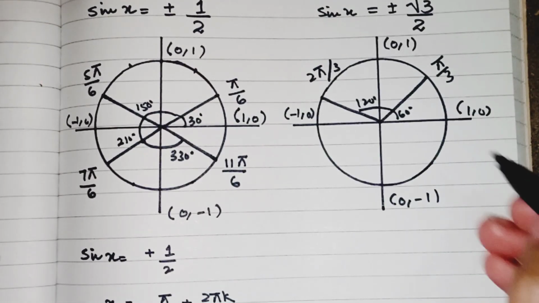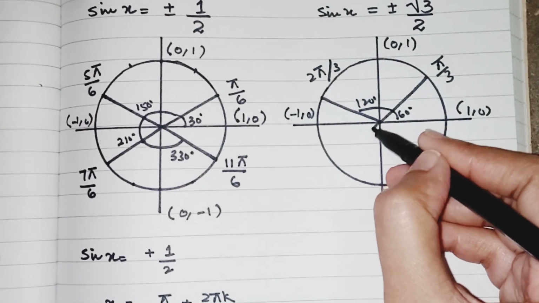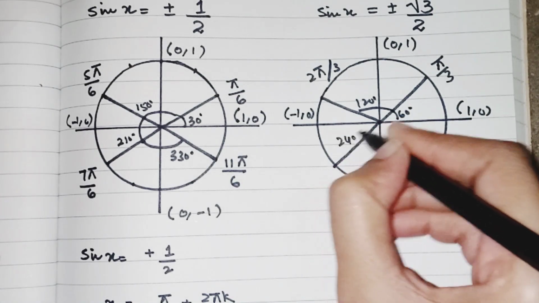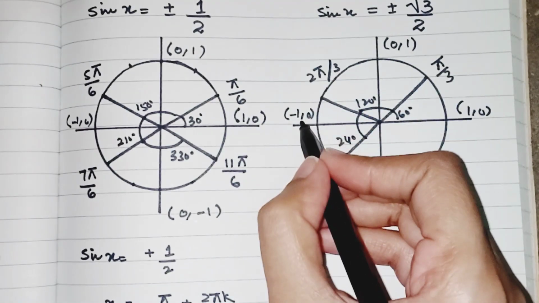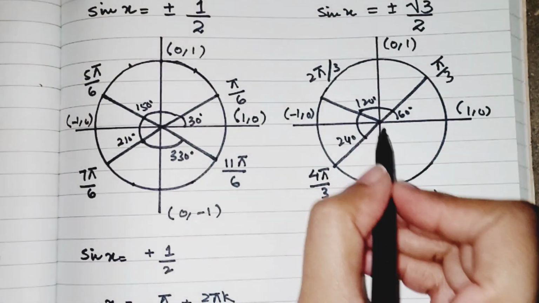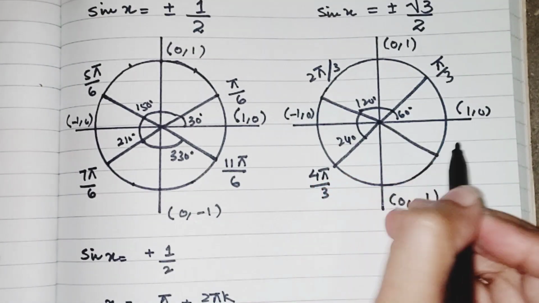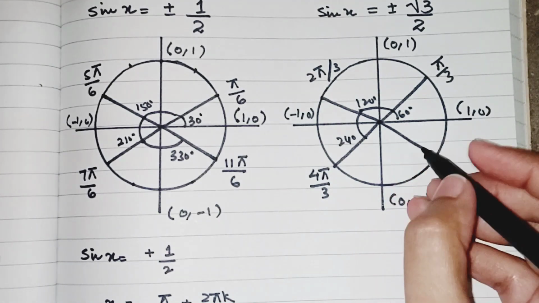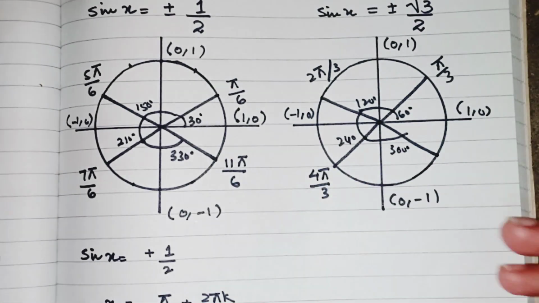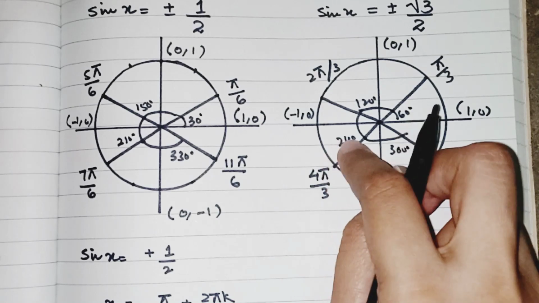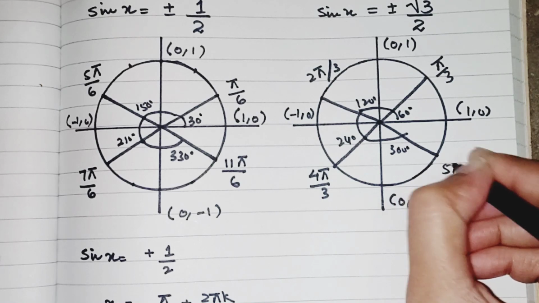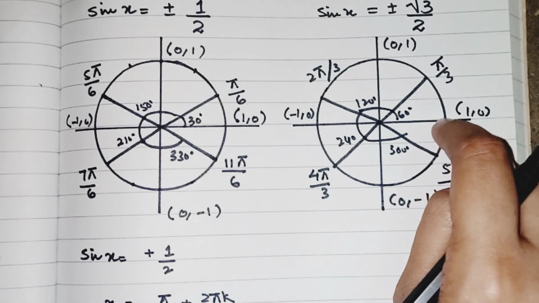The third one will be on the straight line to this one: 60 plus 180 becomes 240, which is 4 pi upon 3. 120 plus 180 will be 300, so this one will be 5 pi upon 3.